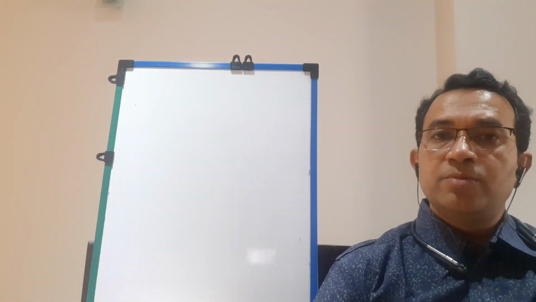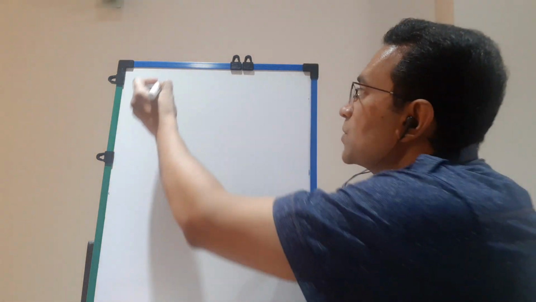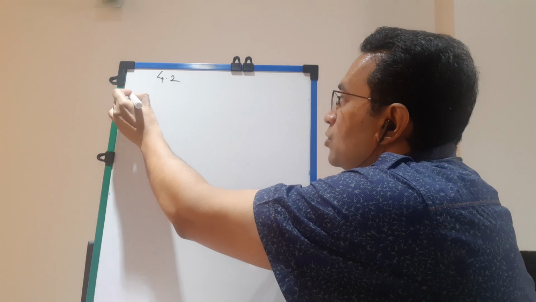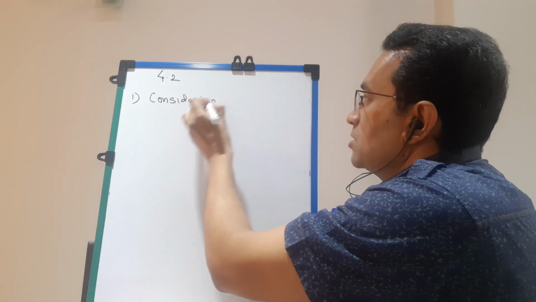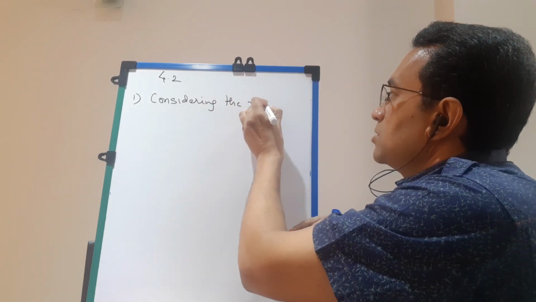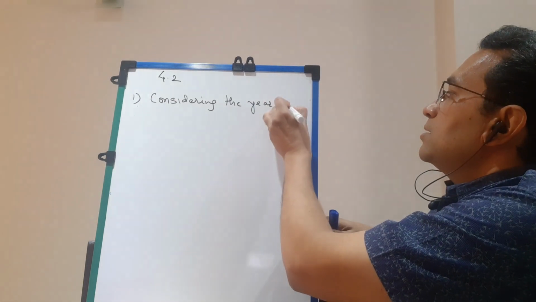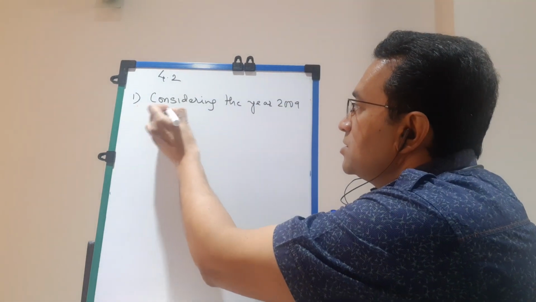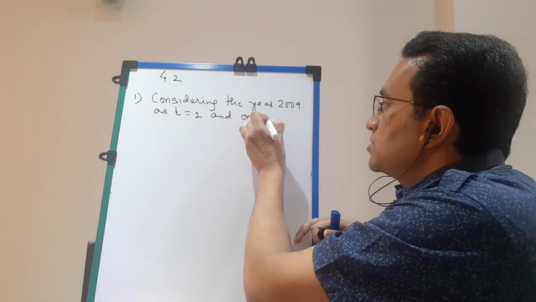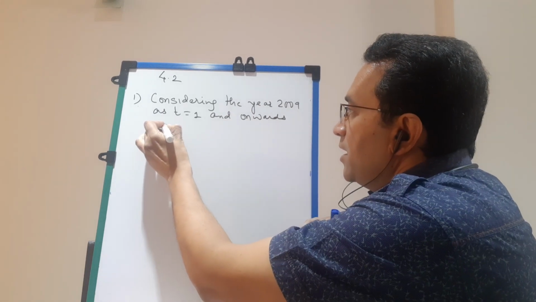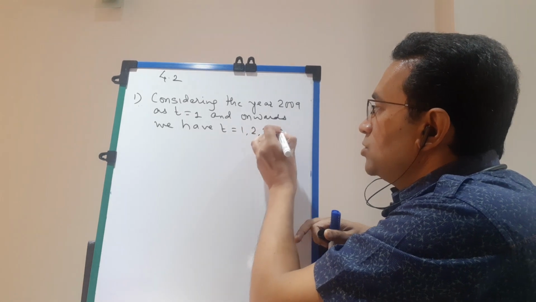Now in the first sum I will be writing each and every step. So step number 1, 4.2, considering the year 2009 as t is equal to 1 and onwards, we have t is equal to 1, 2, 3, 4.